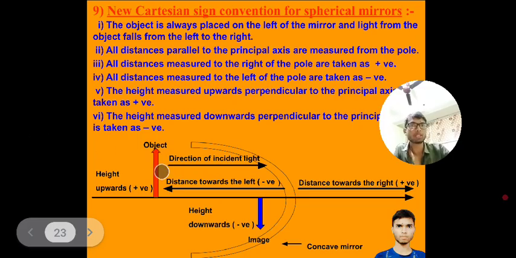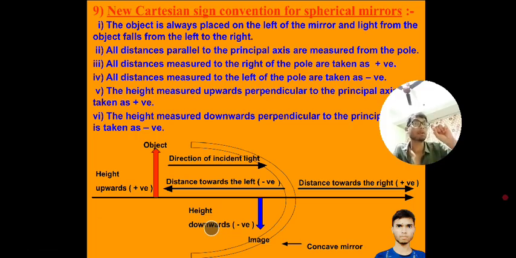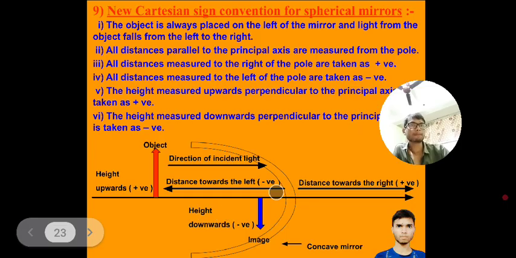We will take an object, and the height of the object would be positive, remember, and the height of the image would be negative if you have a concave mirror. Here this would be negative and this would be positive. We will see the reason behind it, don't worry.